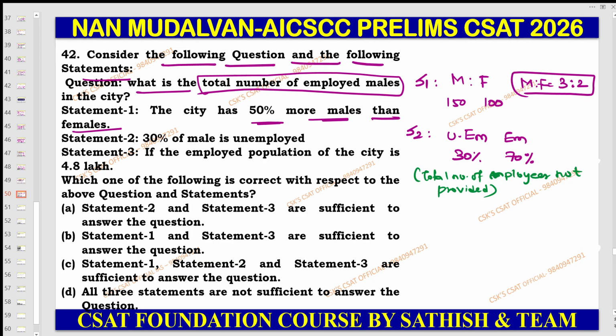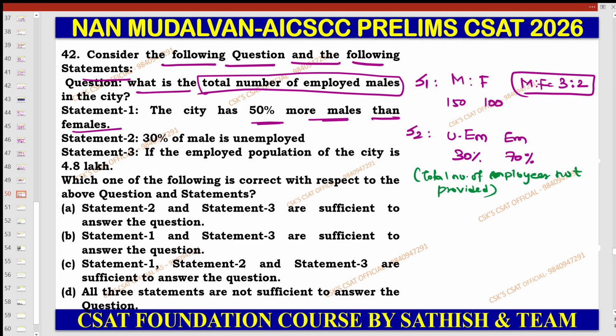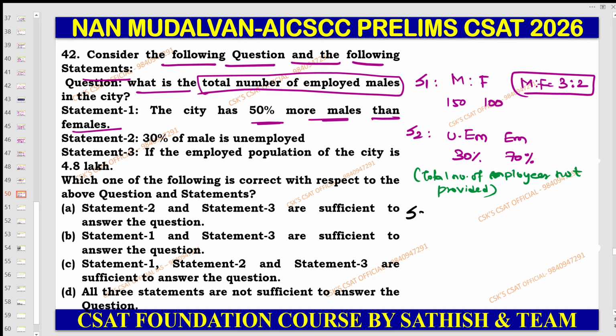Statement number 3 says the employed population of the city is 4.8 lakhs. Listen carefully, only the employed population, 4.8 lakhs, is provided.